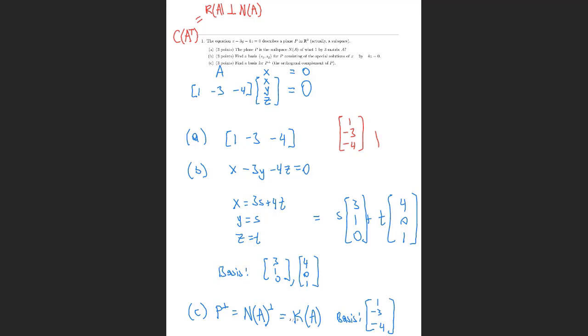And that's why I use it as the basis for the row space. Okay. And also, just like how the row space and null space are orthogonal complements, the column space and the left null space are also orthogonal complements as well. Okay.